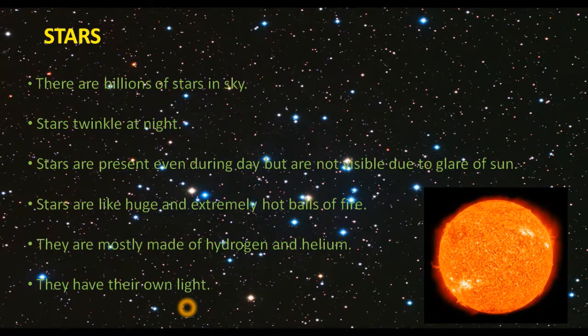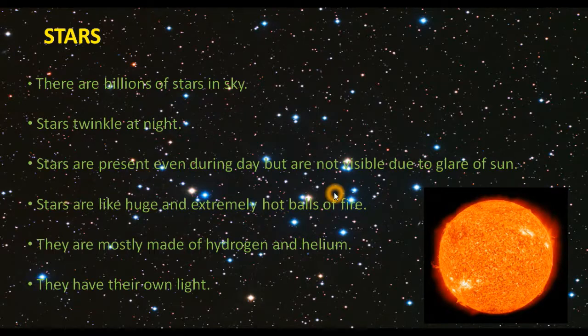The heat and light of stars is produced by the nuclear fusion reactions that are taking place inside the stars all the time. In these fusion reactions, hydrogen present inside the stars gets converted into helium, and with this conversion, a tremendous amount of heat and light is produced.